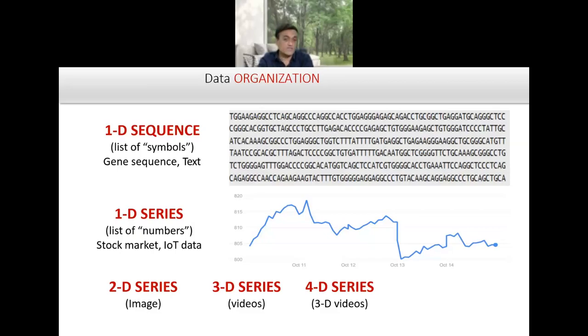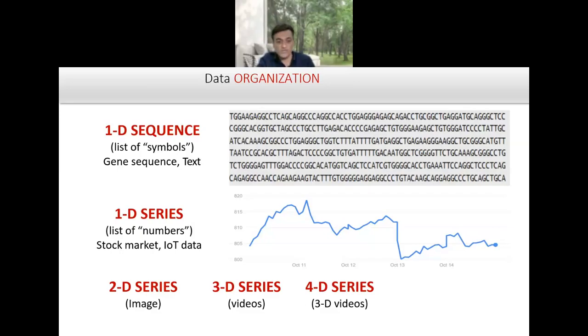That is also a one dimensional sequence of data. There is another one dimensional data, which may be temperature data or IoT data, or stock market data, which is again one dimensional but recorded over a period of time. So time series is basically one dimensional series data.